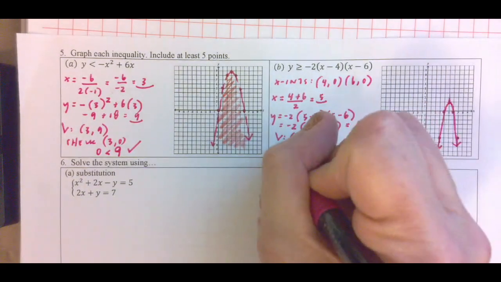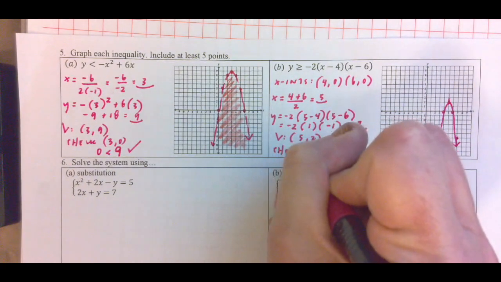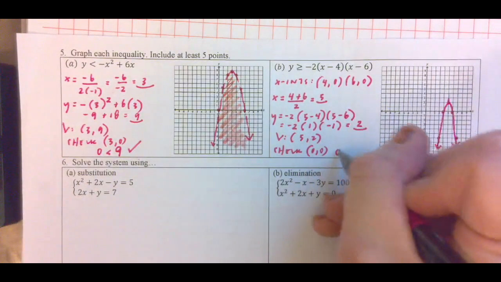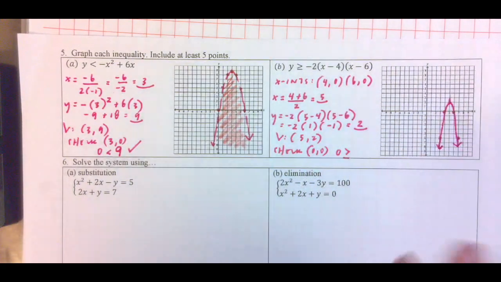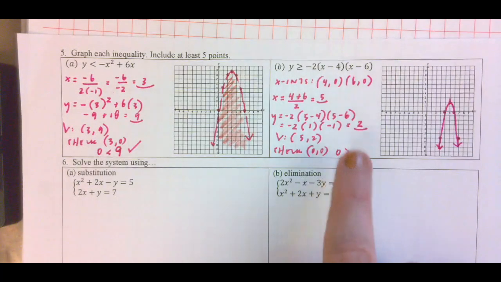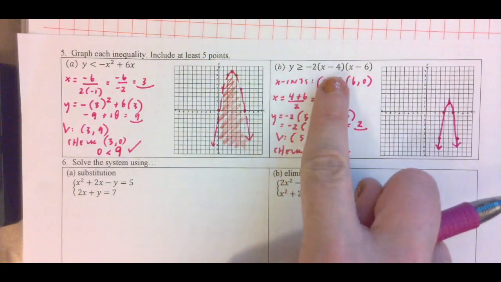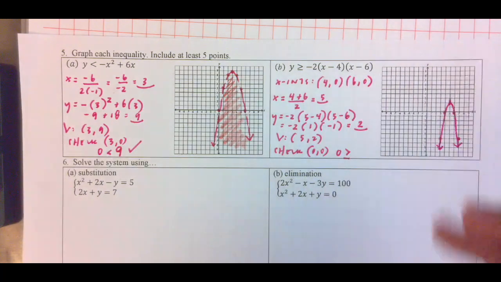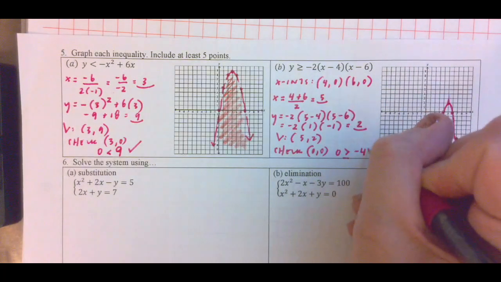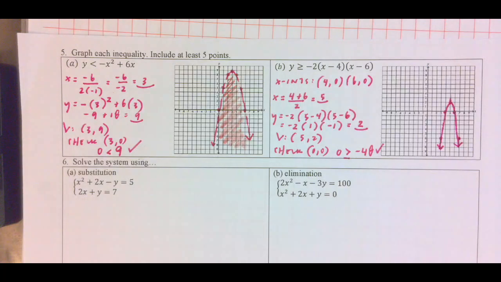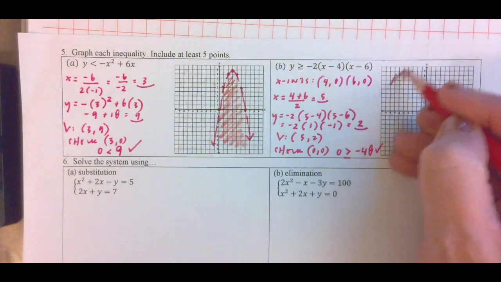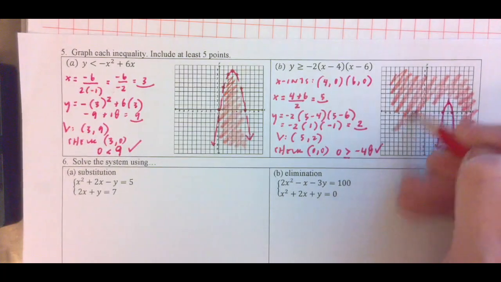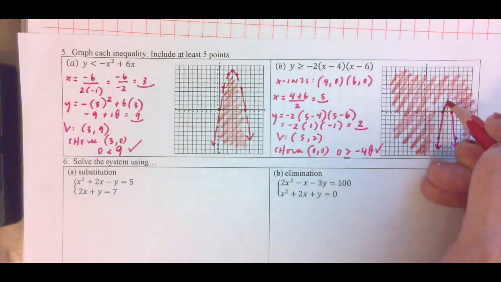So check with 0, 0. So is 0 greater than or equal to negative 2 times negative 4, right? That would be 8 times negative 6, which would be negative 48. Yes, absolutely, that's true. So I'm shading in the region that contains the origin, the region that is above where that vertex is.